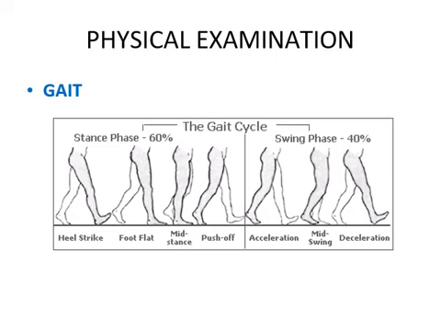the gait is a cycle, meaning that it's a repeated cyclic movement. The gait can be divided into two phases, the stance phase and the swing phase.